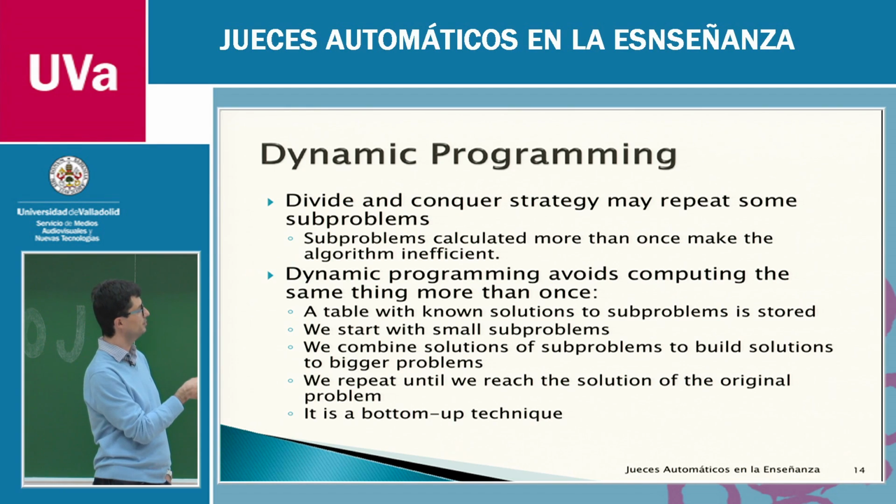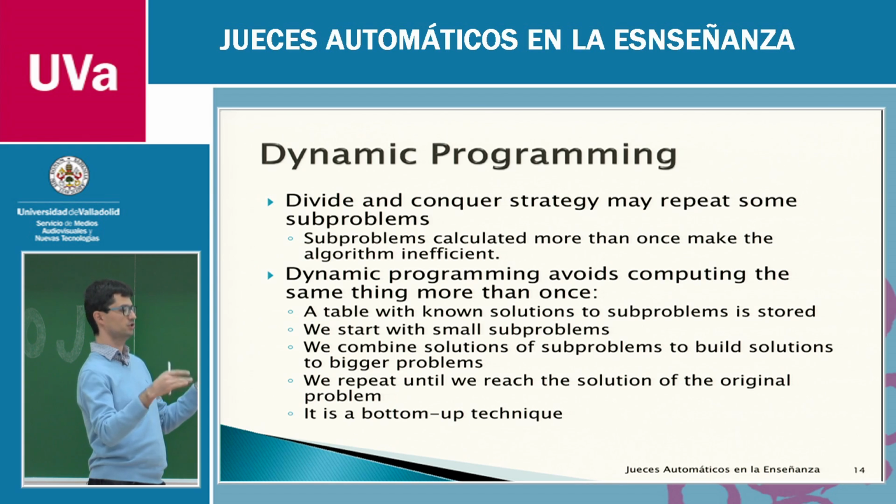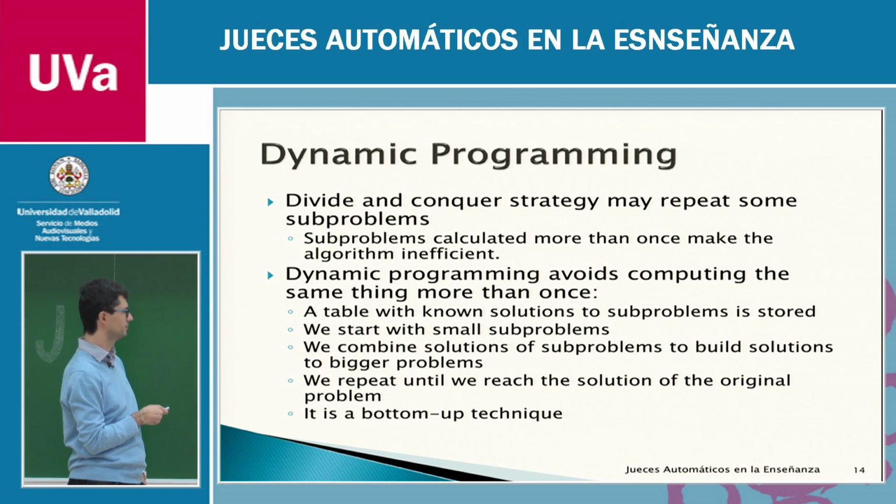So dynamic programming uses a bottom-up strategy, building a table with known solutions for small problems. With these small problems, it builds the solution for bigger problems and goes up until you get the solution for the problem you were trying at the beginning.